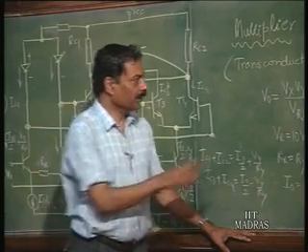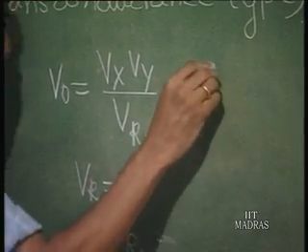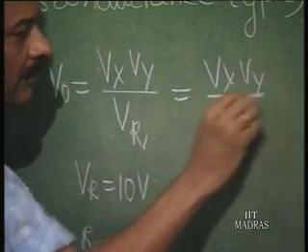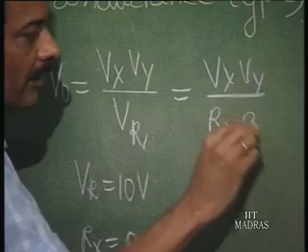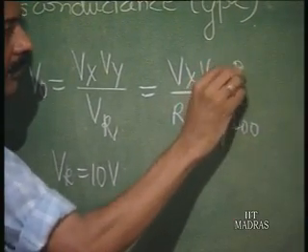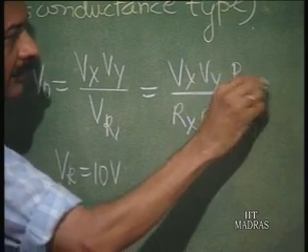What is the expression in terms of Rx and RC2? Can you give me this? Vx Vy by Rx Ry I naught naught into RC2, right?